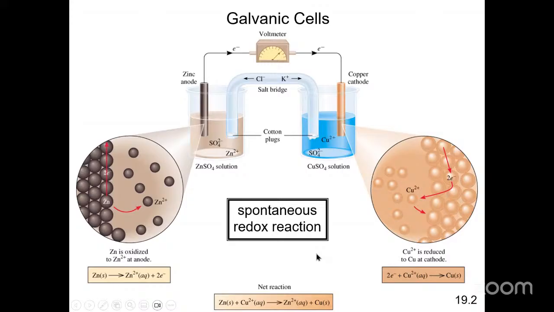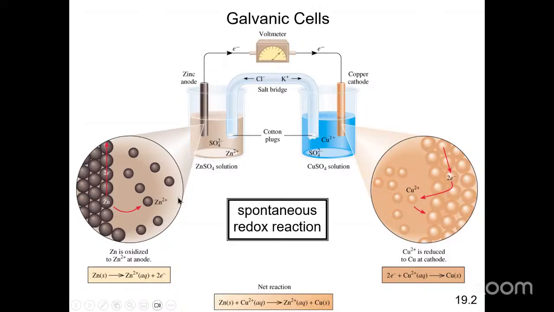So that's the first thing. The second thing I need to mention is that if you allow the reaction to proceed for a while, you're going to have a buildup of zinc ions. The zinc ion concentration is going to increase right here, and if it increases to a certain level, the current will stop, because you're trying to have more electrons removed from something which has positive ions to begin with.